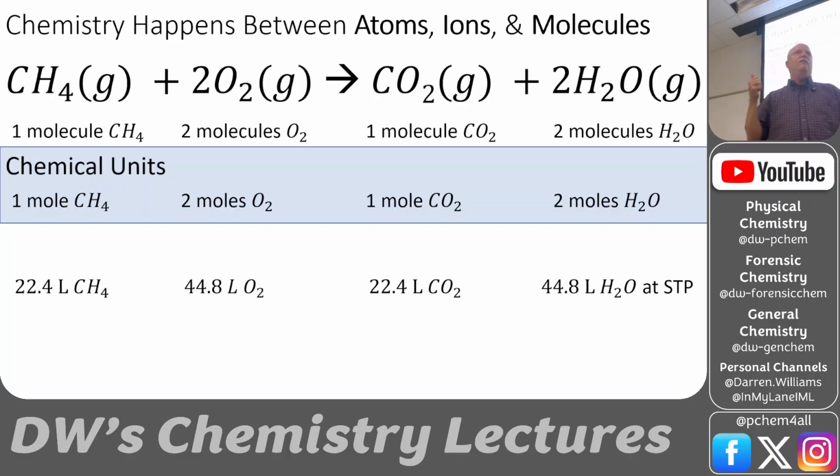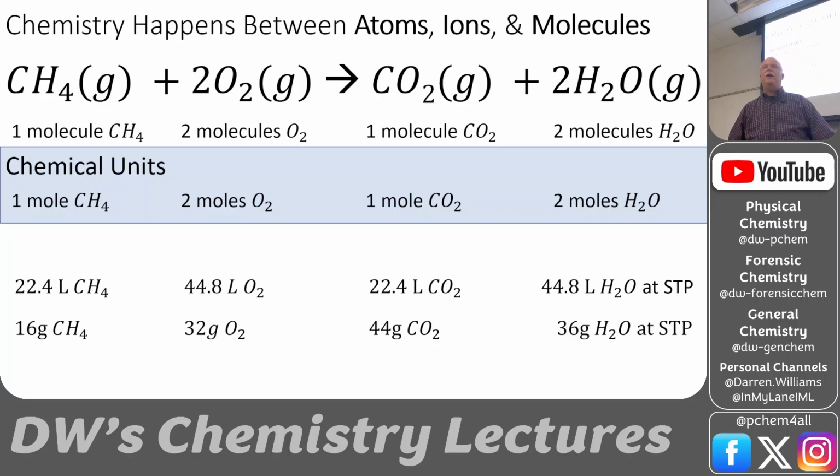We could use volumes at STP. And so if we were at STP, this 1 mole of methane would take up 22.4 liters. And then if we had at STP 2 moles of oxygen, that'd be 44.8 liters. And then it would produce 22 liters of CO2 and 45 liters of water, roughly. But we could also do this by mass.